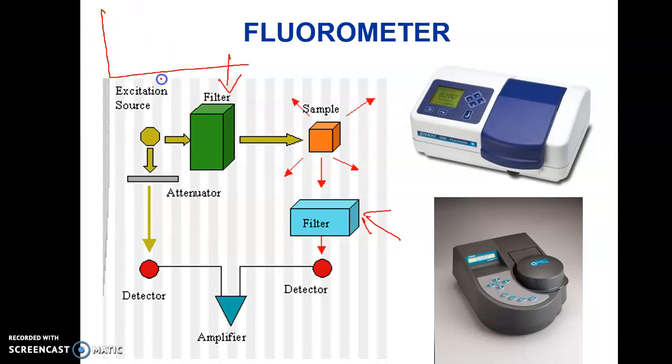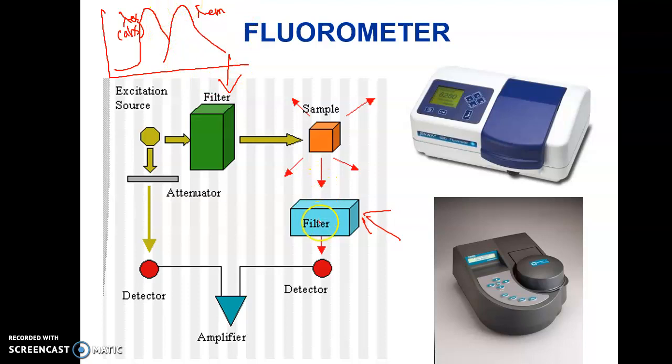We have one spectrum of absorption or excitation, and one spectrum for emission, what we call lambda emission and lambda excitation. Because of that we need two filters to filter out one excited and one emitted.